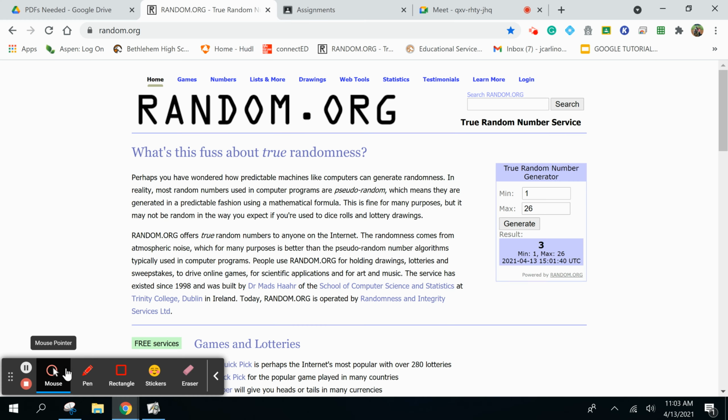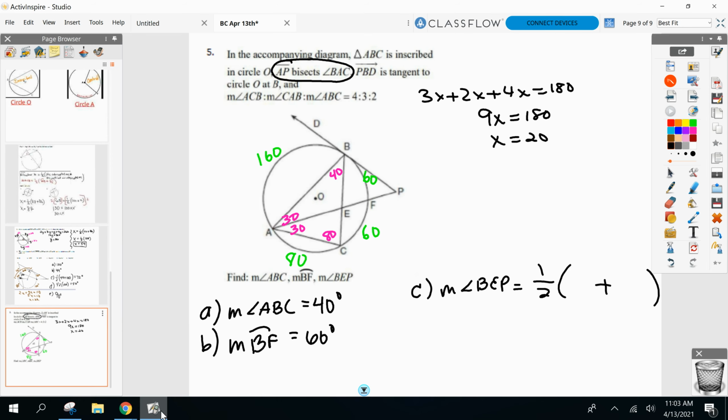BEP, half of what arcs belong to BEP? Arc BF, 60, plus the vertical angle's arc, 80. So I'm taking half of 140. That angle is 70 degrees.